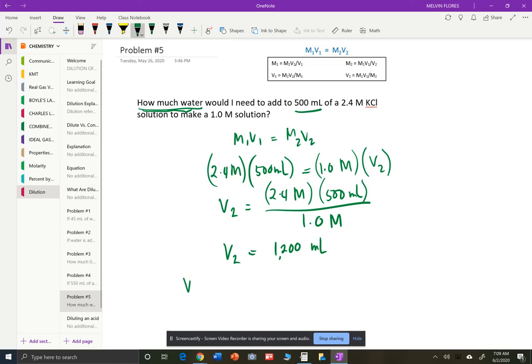So the volume of added water equals 1200 ml minus the initial, which is 500 ml, and that would give you 700 ml of water. So this is the amount of water that you need to add to 500 ml of 2.4 molarity KCl to make a solution of 1.0 molarity.